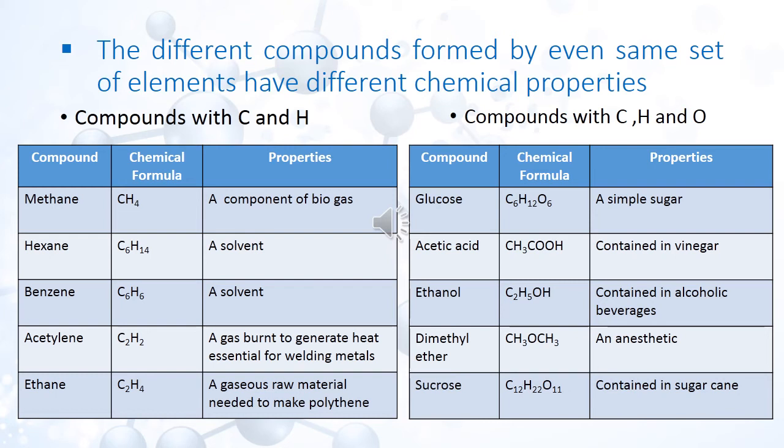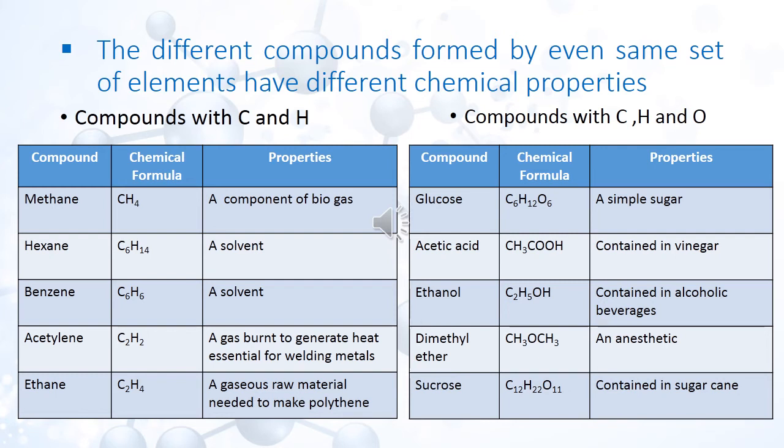Different compounds formed by even the same set of elements have different chemical properties. Sometimes some compounds are made up of the same elements, but in different ratios. Even though they form with the same elements, they show different properties. We will see one example. Compounds with carbon and hydrogen.